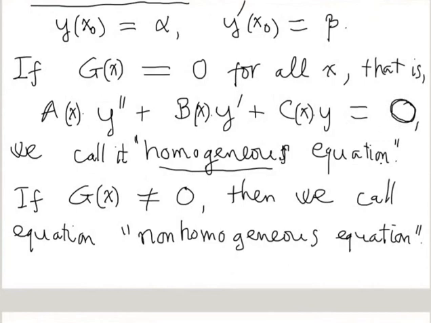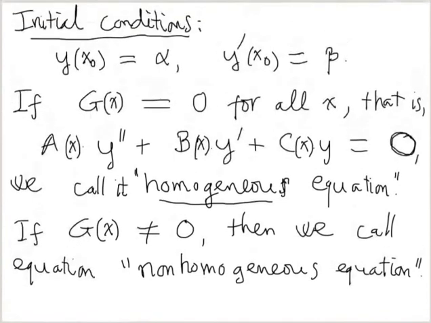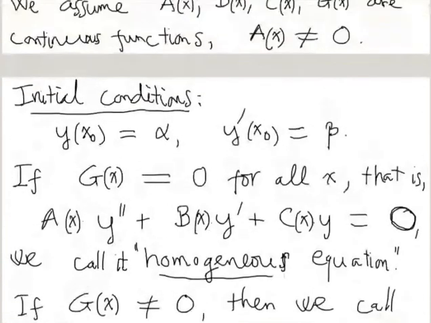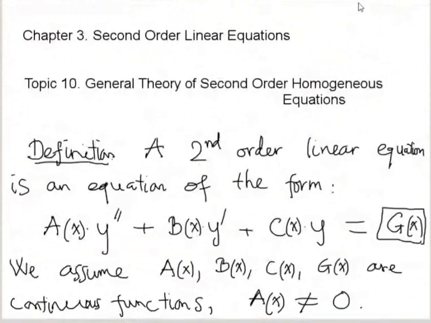These two types of equation are clearly related. However, the first type, homogeneous equation, is easier to solve. And later on, when we solve non-homogeneous equations, we do need homogeneous equations. So we begin with the theory of homogeneous equations, and that is the content of this topic.